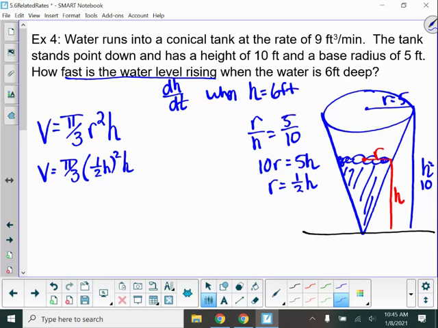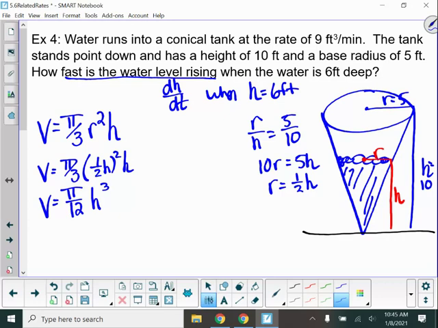I am going to go through and simplify that. So I'm going to square it, and I'm going to pull that part out so that I have something more simple whenever I take my derivative. So 1/2 squared is 1/4 times pi over 3 is pi over 12. Then I have h squared times h, so that's h cubed.